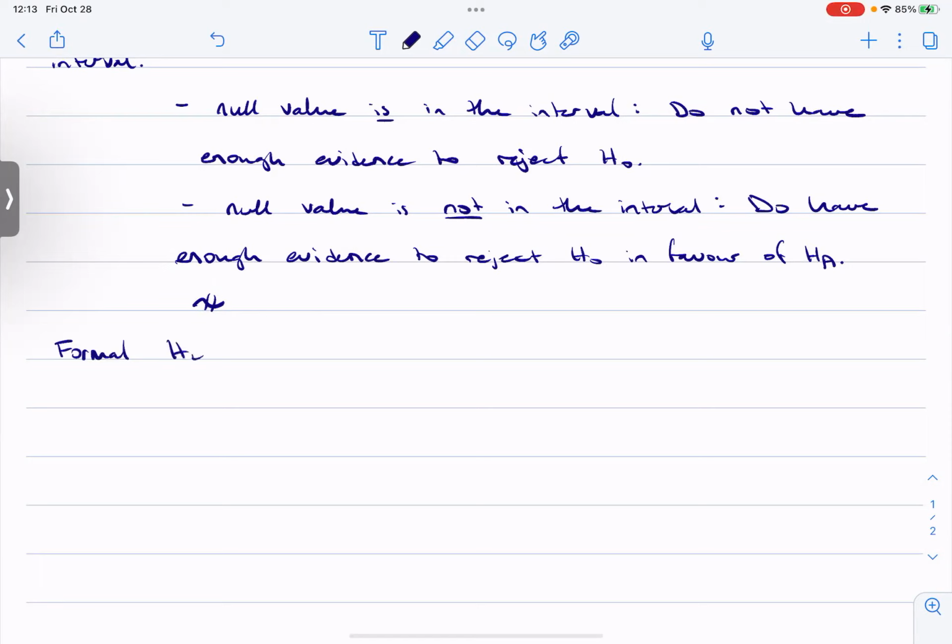So a formal hypothesis test for two sample proportions. Where we're going to start is with the null hypothesis, which we already outlined, right?